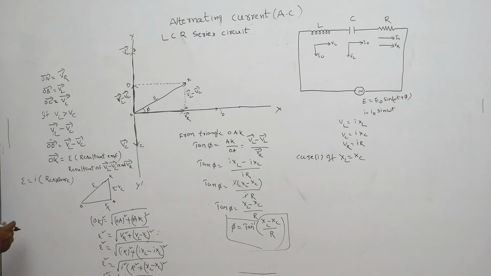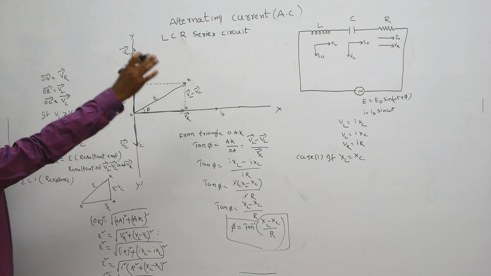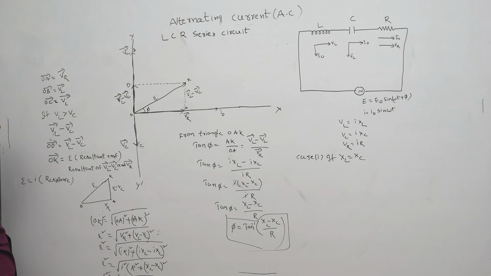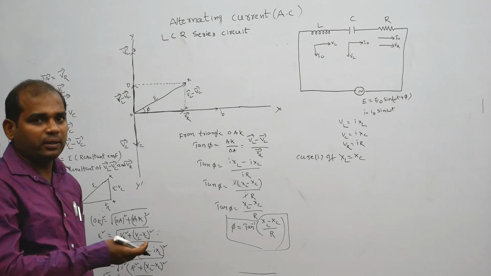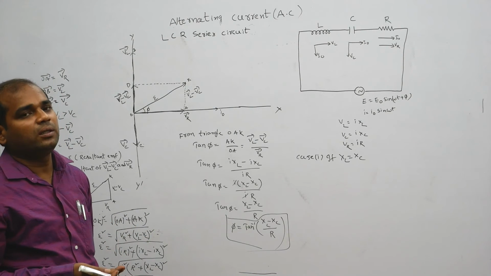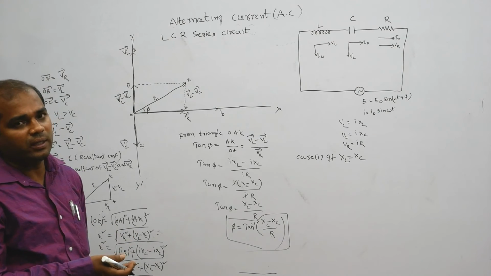I into some resistance offered by all three components together. The resistance offered by all three components together is called impedance. Whereas in case of individual components, the resistance offered by an inductor is called inductive reactance.